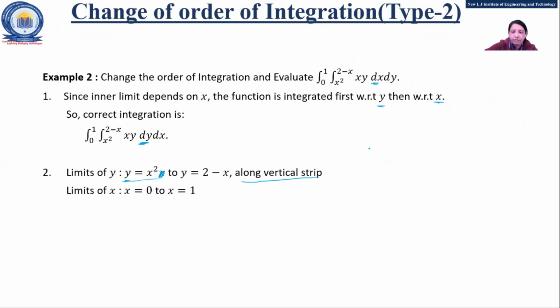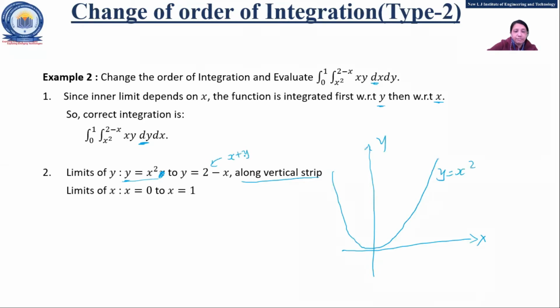So we will try to draw it. X, y. This is y equal to x square, so it will be here, y equal to x square. Now y equal to 2 minus x, so we can say that it is x plus y equal to 2. One line, right? Suppose it is like this, x plus y equal to 2.